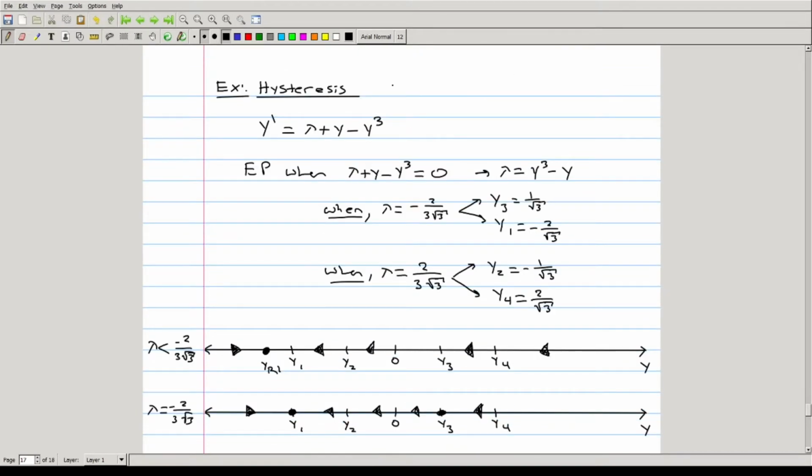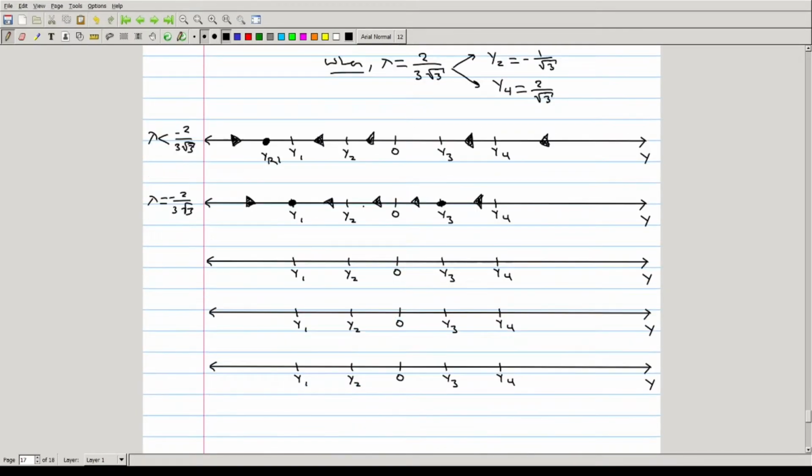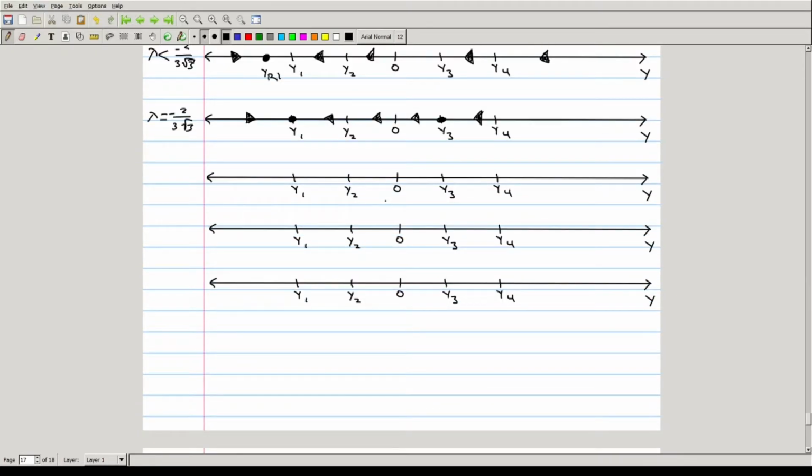And you plug into this function right here. So we're going from having one stable equilibrium value to now having two equilibrium values, one being stable and the other being unstable.